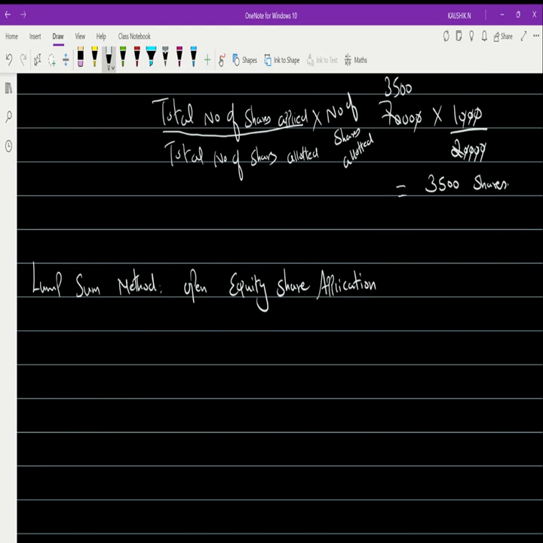Okay, the account should be equity share application and allotment account. This is the account that has to be opened.